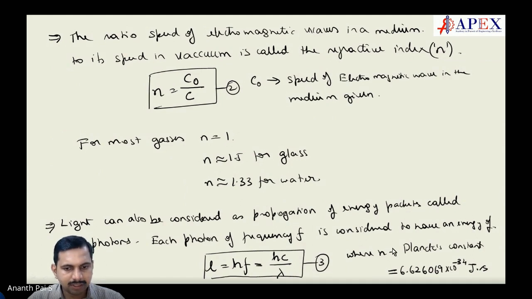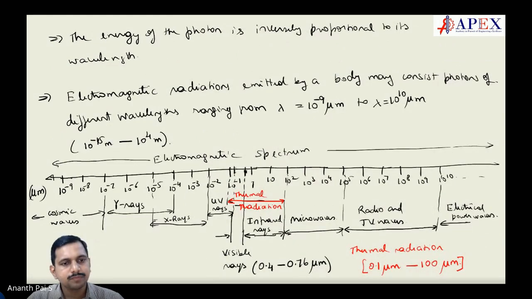And then we have seen each photon will have an energy of hc by lambda or hf. Also in electromagnetic radiation, we have seen a lot of things, and one of the main things we saw is thermal radiation is between 10 power minus 1 microns to 10 square microns.